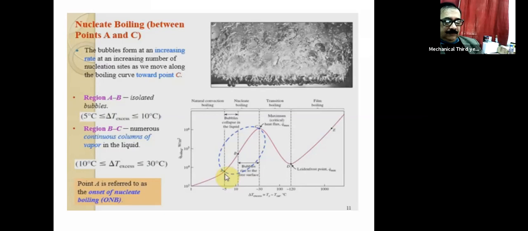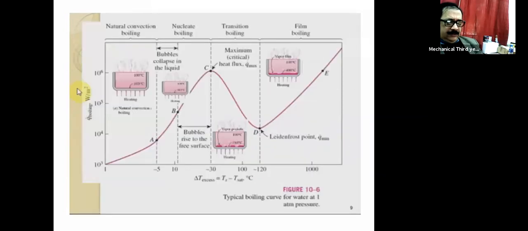Well, the bubble reaches the surface, and then vapor starts forming. Let's see here. What is happening here? These bubbles rise to the free surface, that is, they come to the surface.